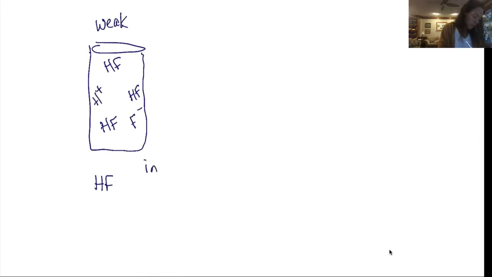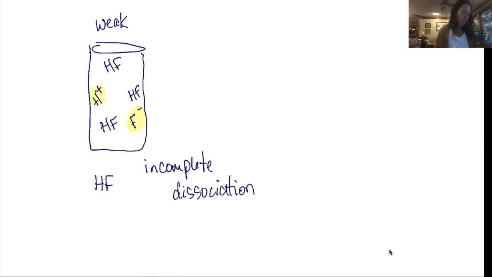So we have incomplete dissociation, right? For every molecule, there's very few ions present, okay? And then your non-electrolyte would just have all molecules, okay?